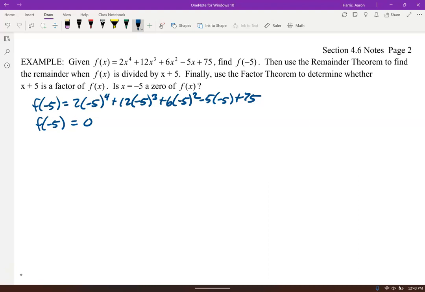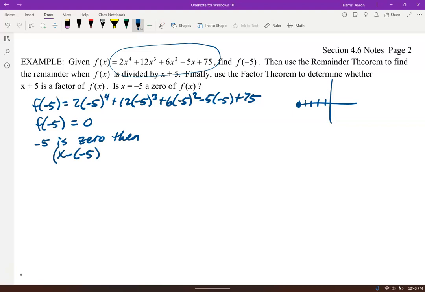So this is saying for this function, this fourth degree function, it hits at -5, 0. So if -5 is a 0, then x minus that number is a factor.